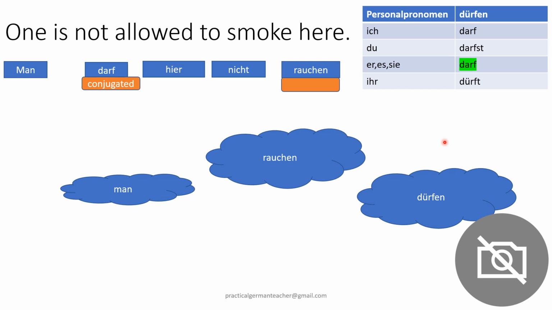Okay, you think of the modal verb dürfen. And you have to conjugate it with the pronoun. So here, the one, what you see over here in German, it's man, and man is considered to be third person. Okay, so man darf nicht rauchen, and then to say "here", you just say hier, but the spelling is different. Okay, man darf hier nicht rauchen.